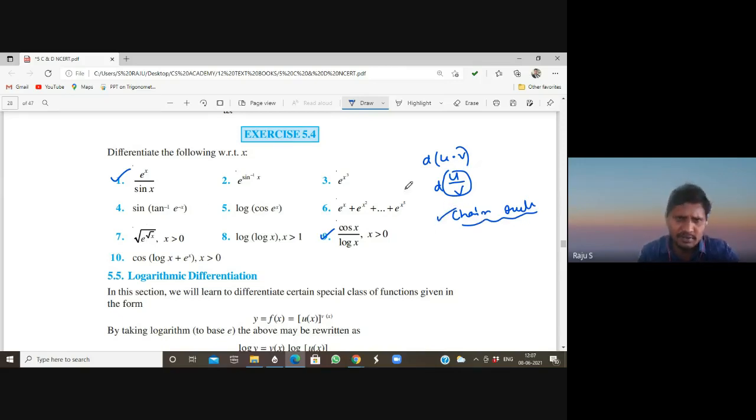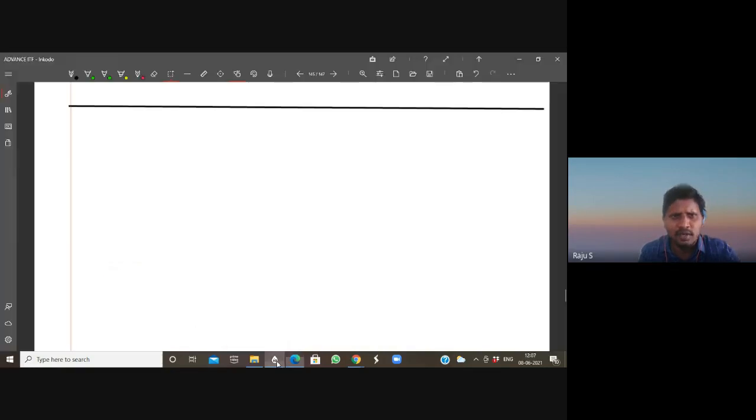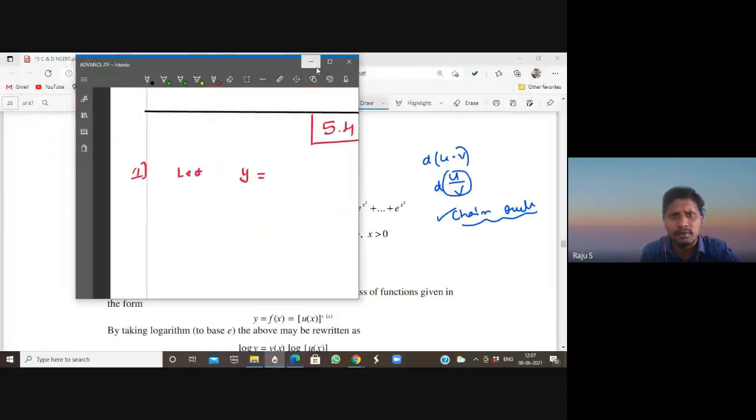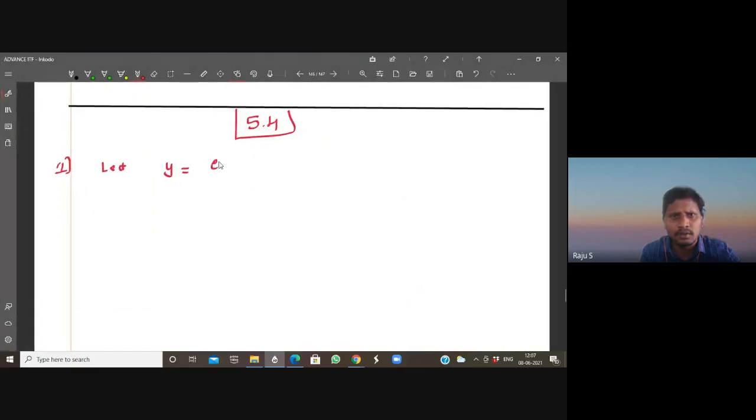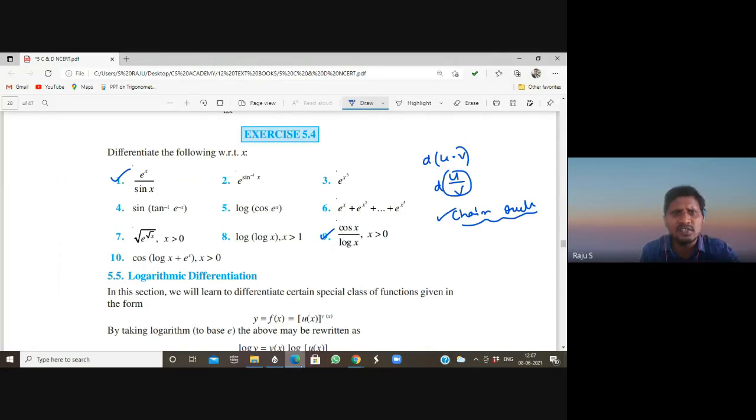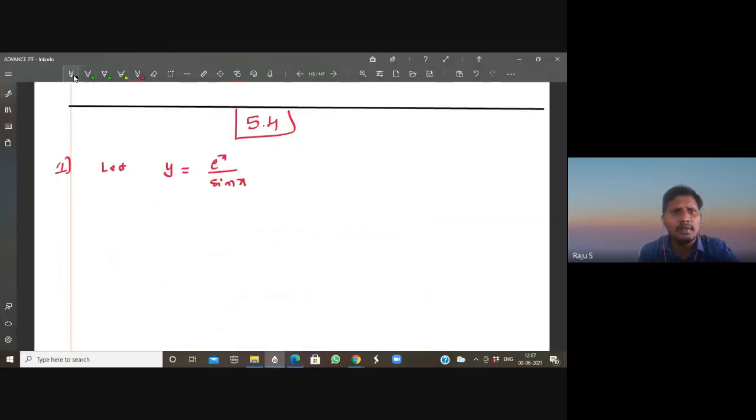First question: let us consider y is equal to e power x by sin x. Differentiate with respect to x. Let us take this as equation 1.